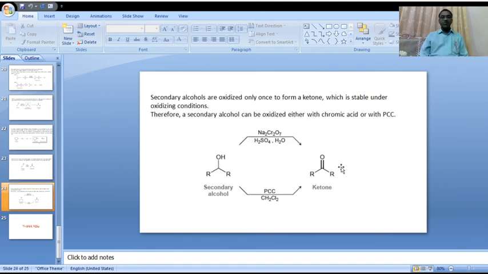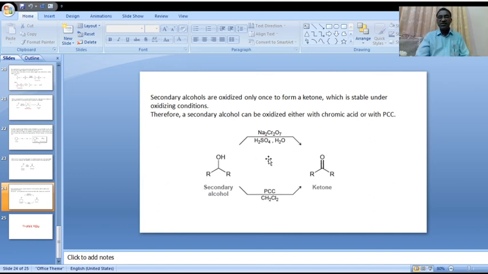But secondary alcohols generally contain only one alpha hydrogen, so they undergo only a single oxidation step, giving ketones.